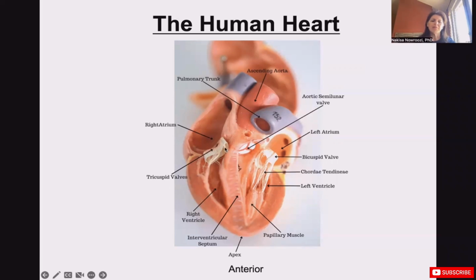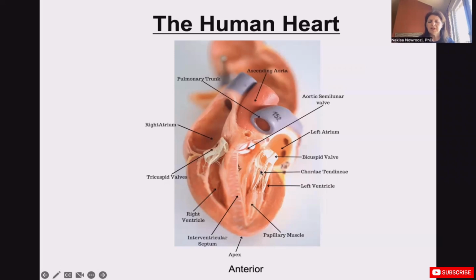The valve between the right atrium and right ventricle is called tricuspid valve. The valve between left atrium and left ventricle is called bicuspid valve.